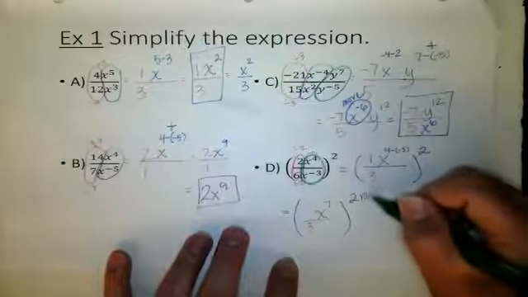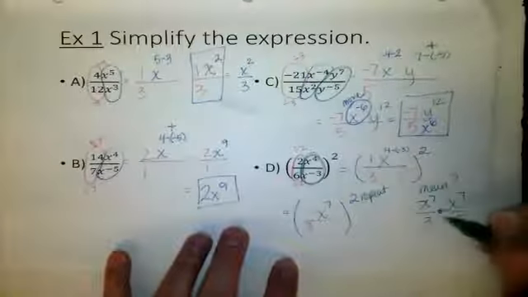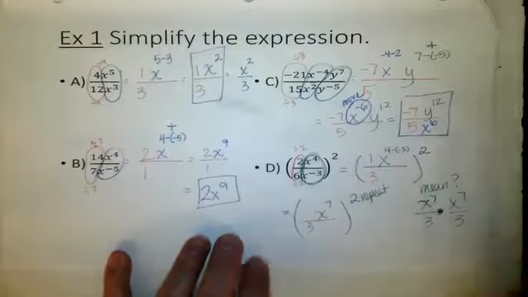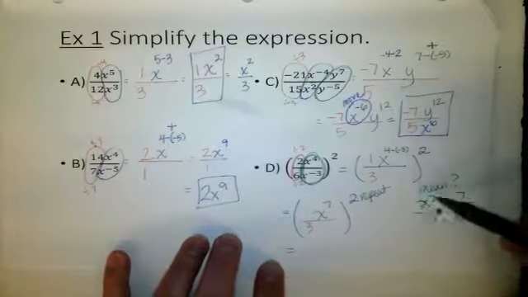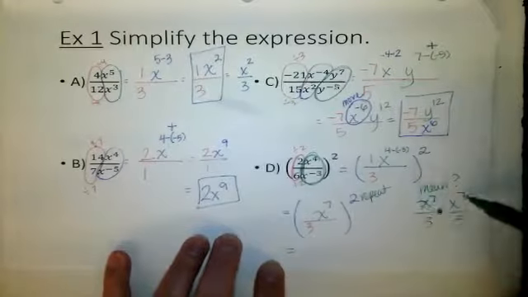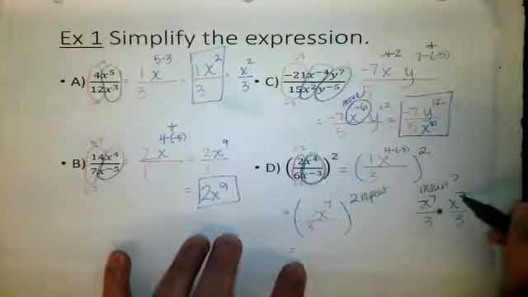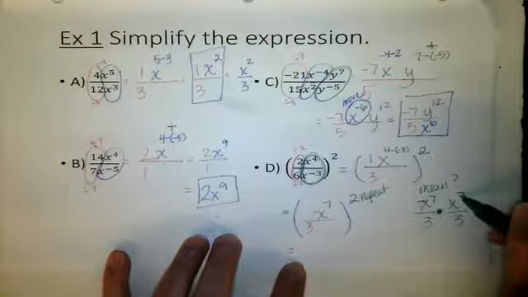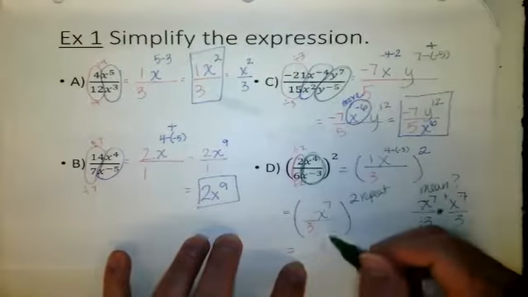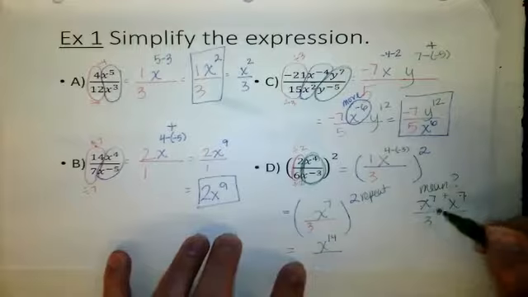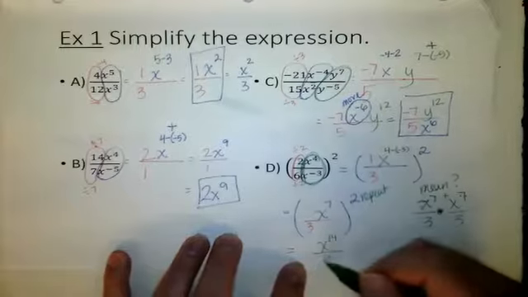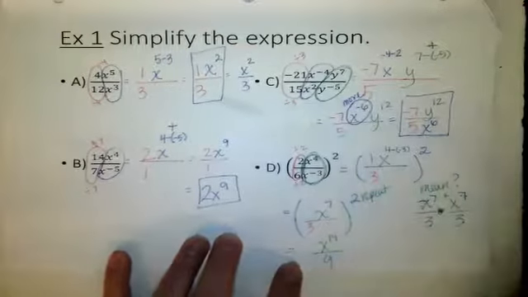It says repeat 2 times. So we're going to repeat it and multiply. And I can do that. What is x to the 7th times x to the 7th? If they have the same base, what do you do to the exponents? Add them. So we get x to the 14th. And what's 3 times 3? 9. Okay. So that's a great answer.